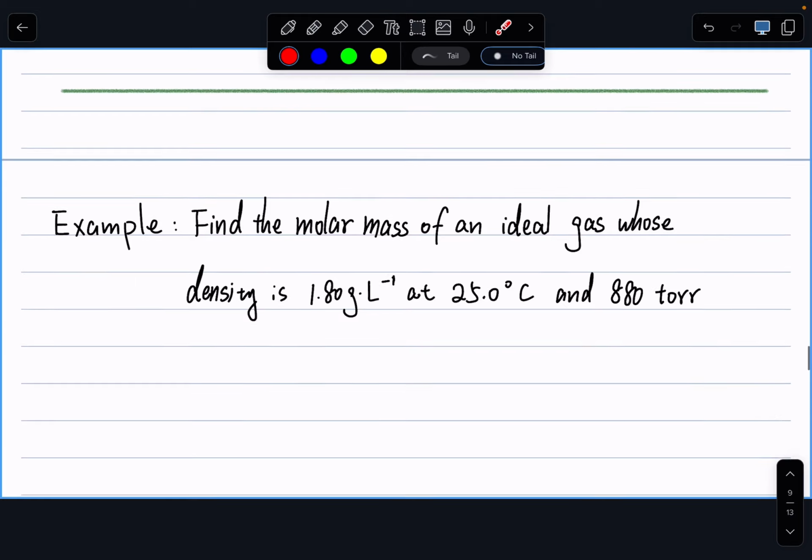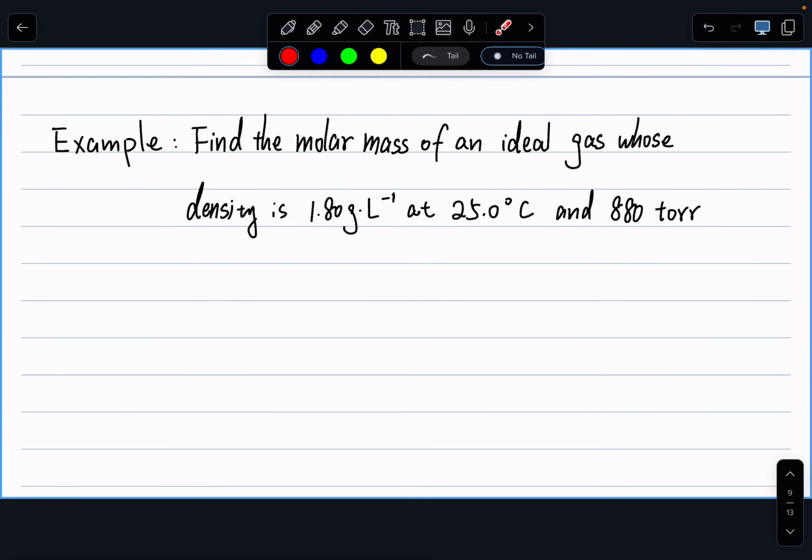One of the example questions is to find the molecular mass of an ideal gas when we tell you the density, the temperature, and the pressure. I'll set up this problem with you, but you can do it yourself. We know using the equation, pressure equals density times RT over molecular mass.